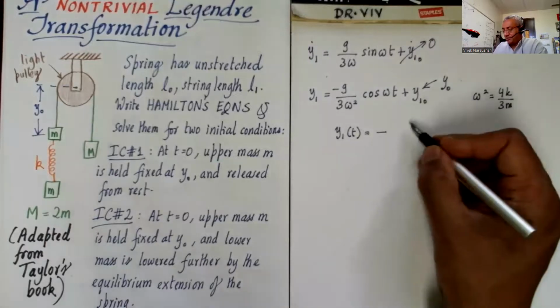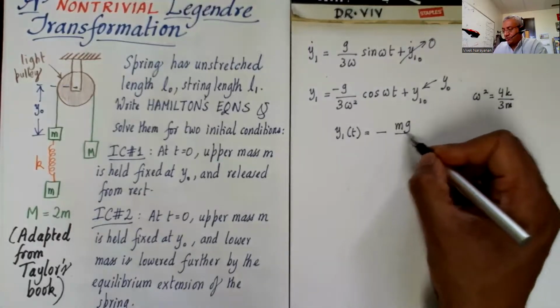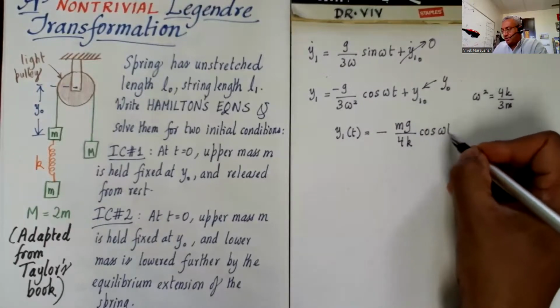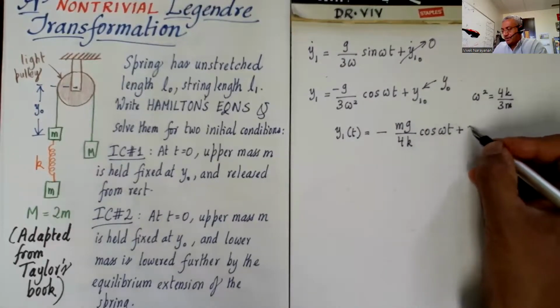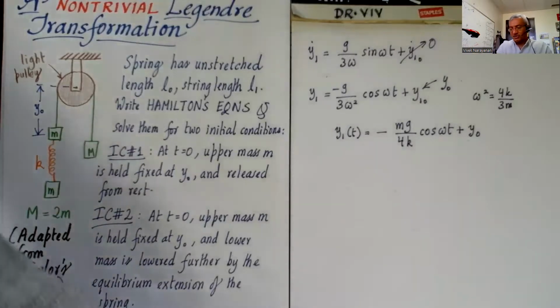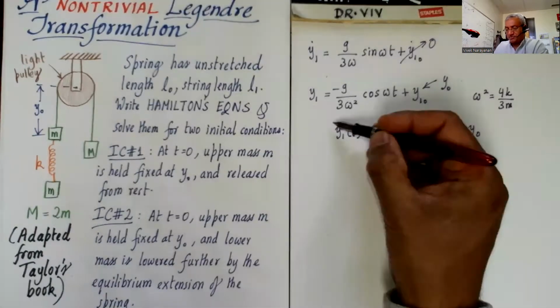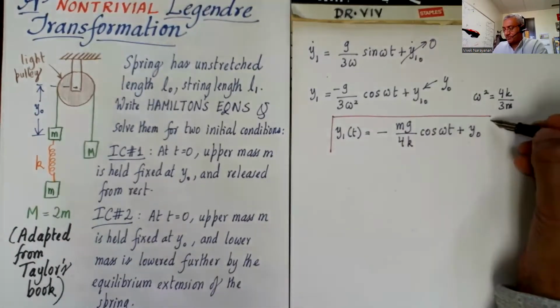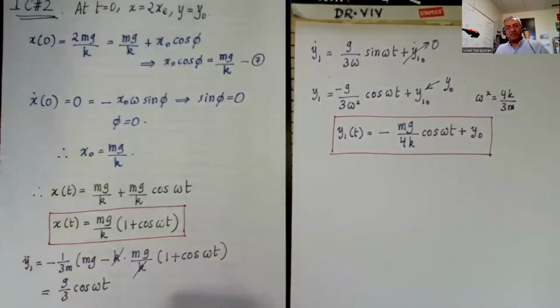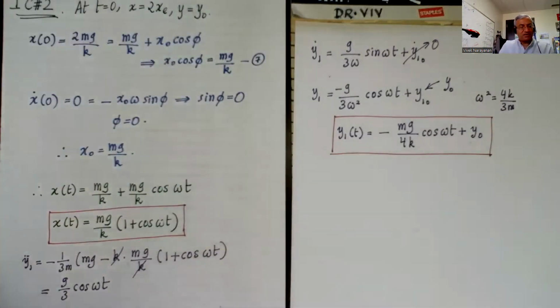So that gives me negative mg over 4k cosine omega t plus y naught. So this is beautiful. We have solved the problem in its complete generality. That's y1 as a function of time, and that's x as a function of time.